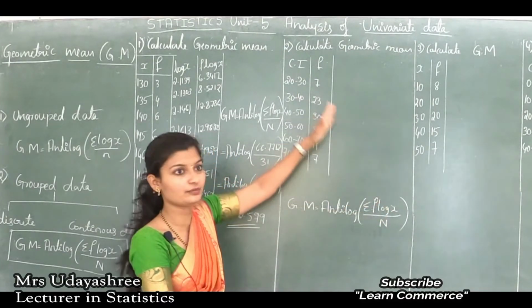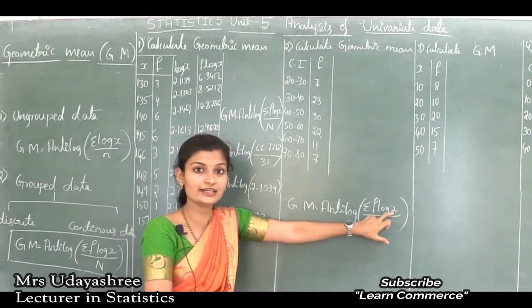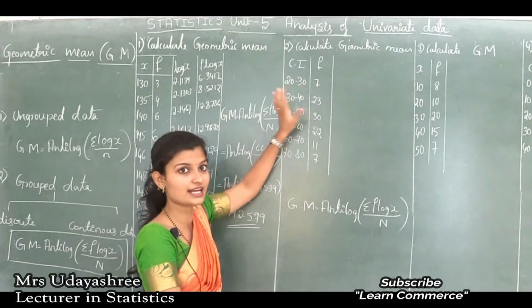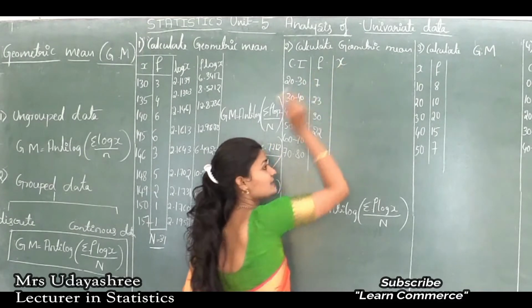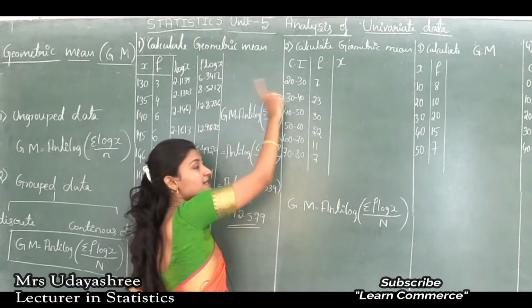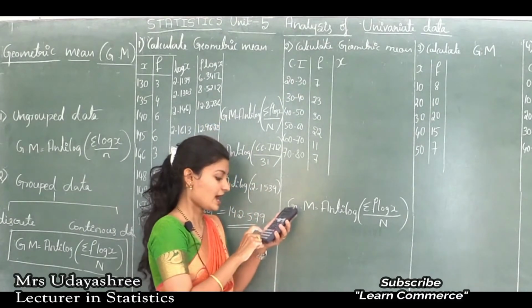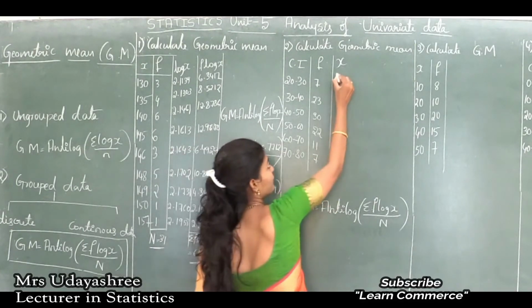How do we get the midpoint? The formula is upper class limit plus lower class limit divided by 2. For the first class, the upper limit is 30 and the lower limit is 20, divided by 2, so the midpoint is 25.